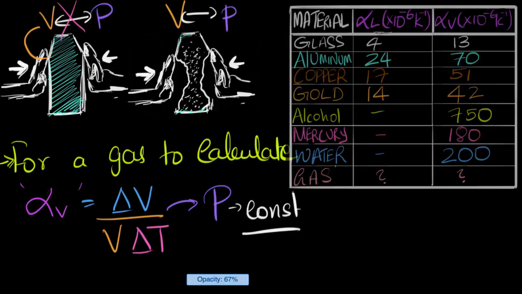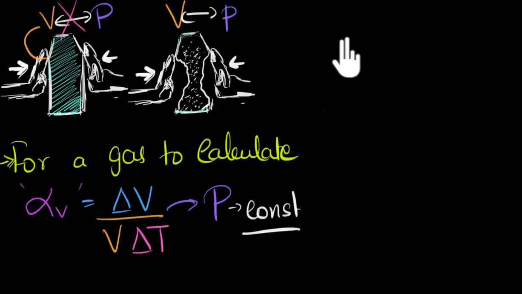So let's get rid of this table. What is the connection between volume of a gas and temperature of a gas? Can you think of any expression connecting volume and temperature of a gas? I think you've already learned one. It's called the ideal gas equation.